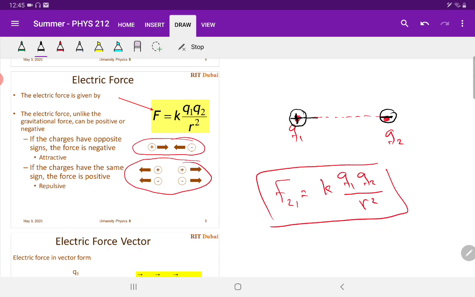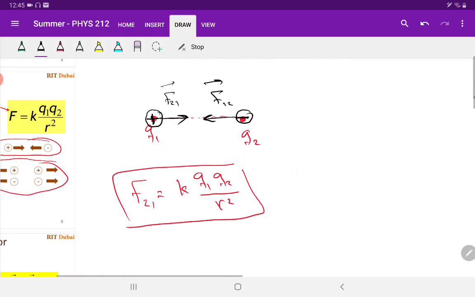So the force that Q1 will feel because of Q2, that will be F21, an attractive force, so it will be attracted to Q2. And Q2 also will feel an attractive force, and that will be F12. Now, these two forces, in terms of magnitude, they are equal. In terms of direction, they are opposite.